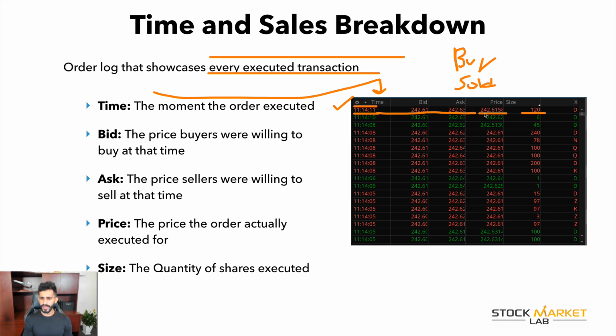So this first one right here, this is saying at this time, 120 shares executed at $242.61. Does that mean someone bought or does that mean someone sold? The proper answer is it means that someone bought and sold. Because remember, a transaction includes a buyer and a seller, guys. Keep that in mind. If you said buy or sell, you need to go back to the basics. You need to go back to part 1, part 2.